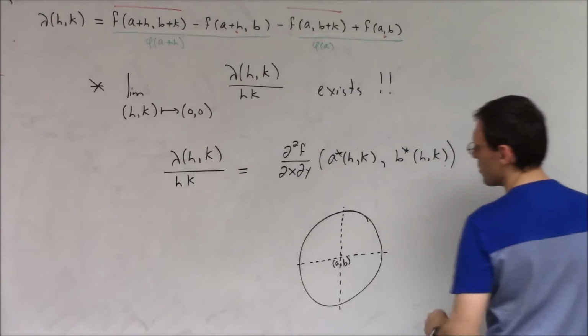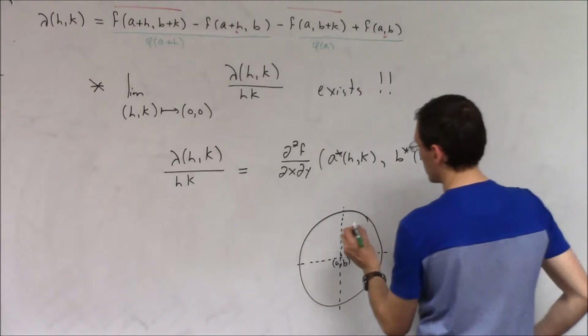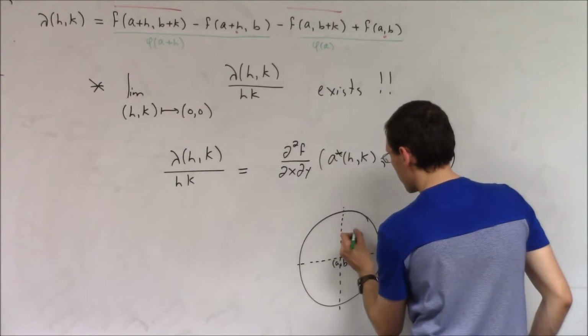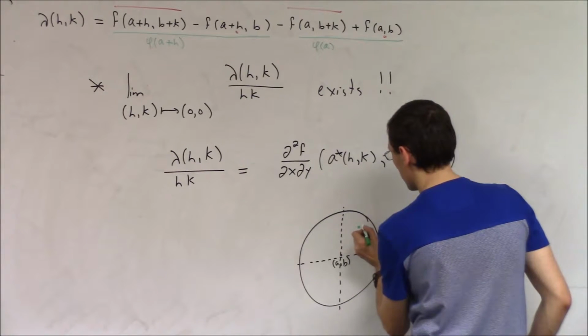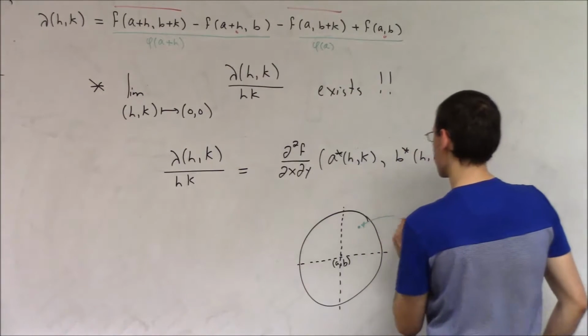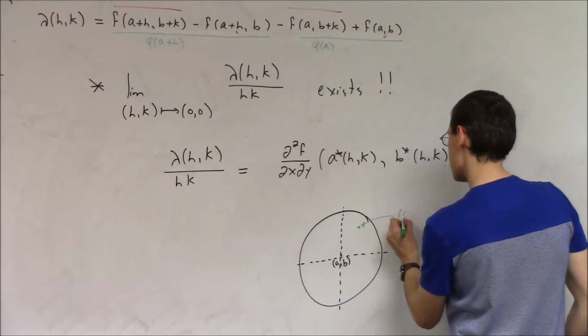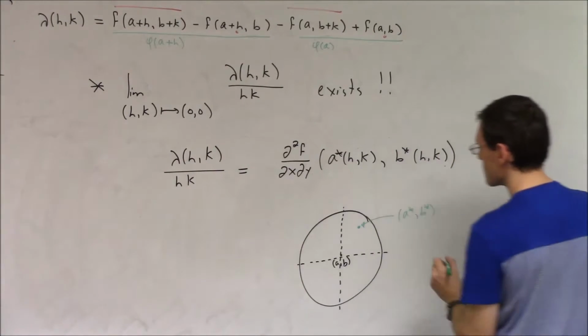So for very small h and k, you're inside of this disk. And what you have is some point here. This is your A star, B star.